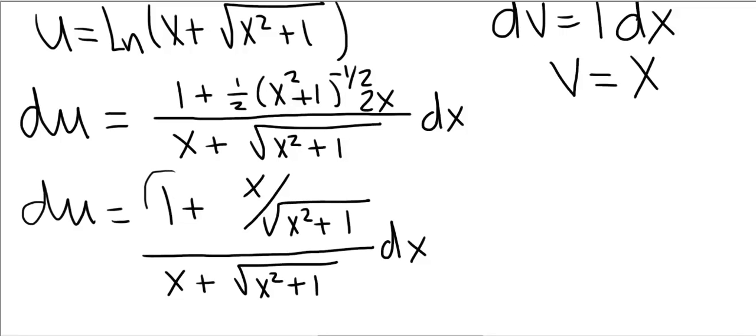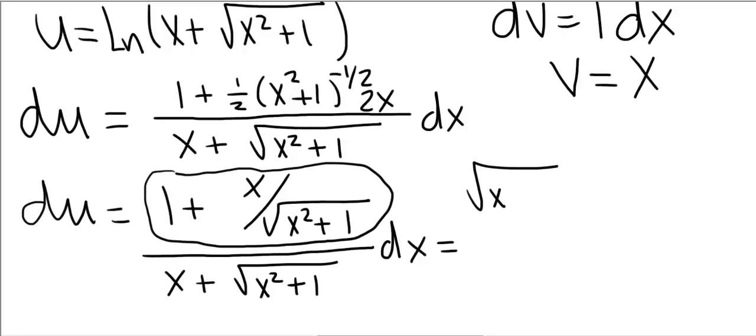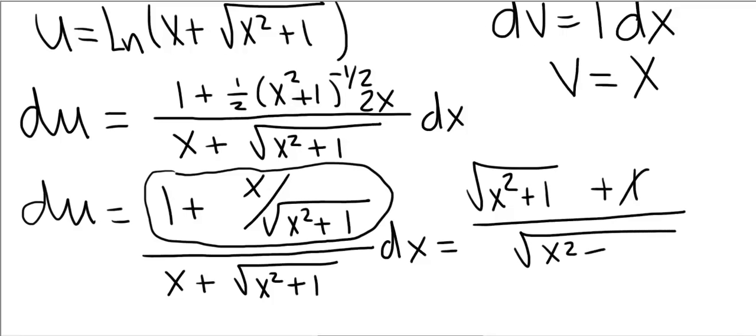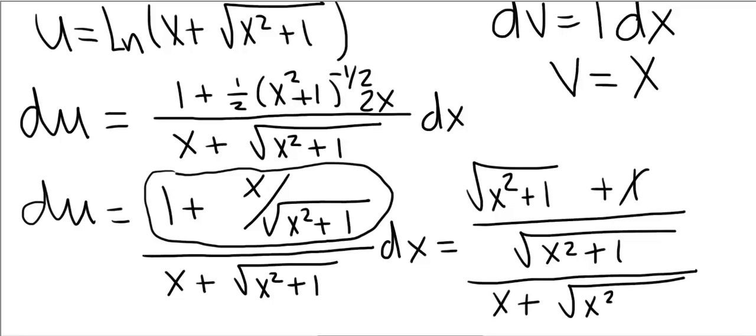Now the common denominator here in the numerator, what I'm circling, is square root of x squared plus 1. So we can write this as square root of x squared plus 1 plus x divided by square root of x squared plus 1, further divided by x plus square root of x squared plus 1.